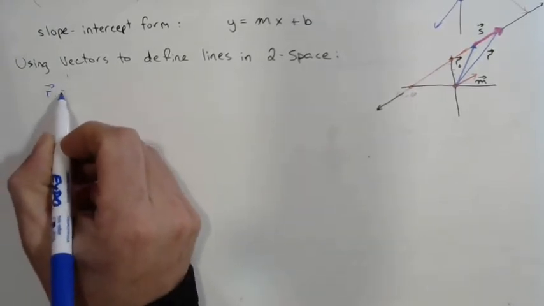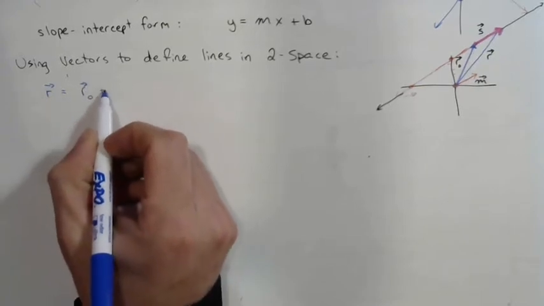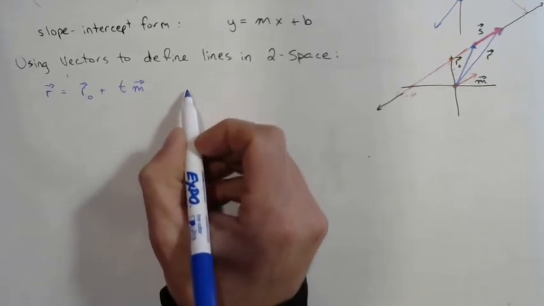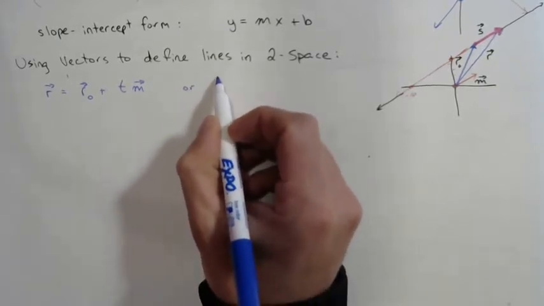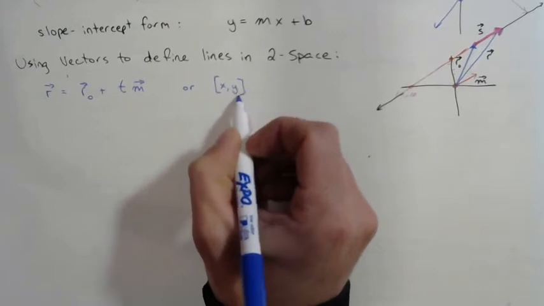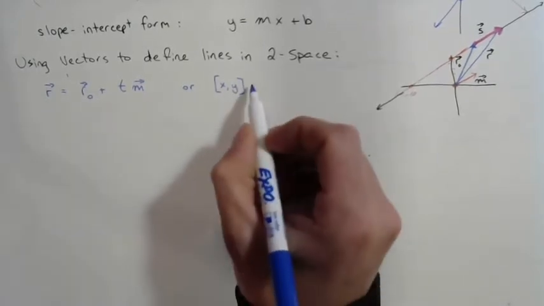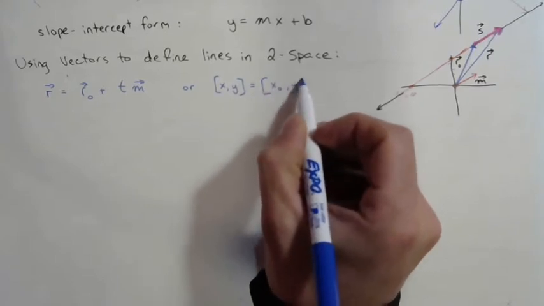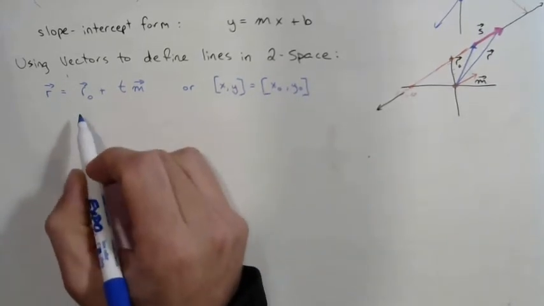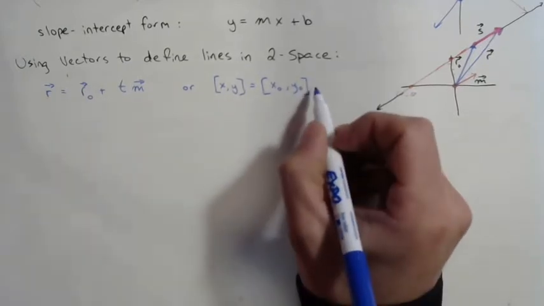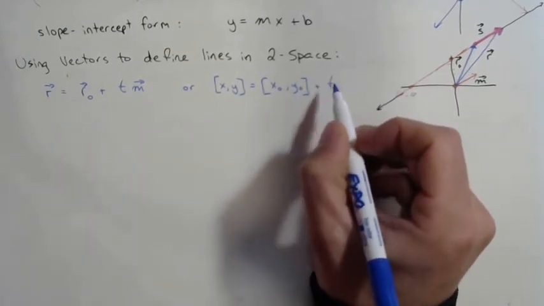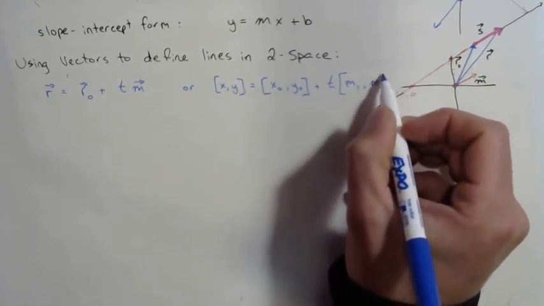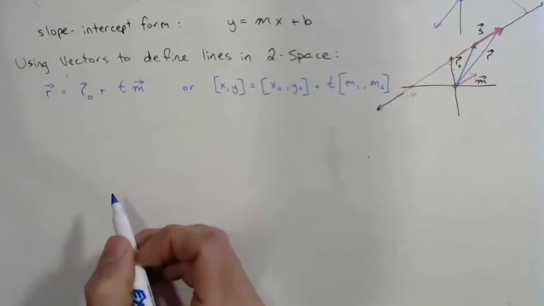It's vector r equals r naught plus t times our direction vector m, or we have xy, which is the vector r, is equal to x naught, y naught, which is the position vector r naught, plus some scalar multiple of our direction vector m1, m2.